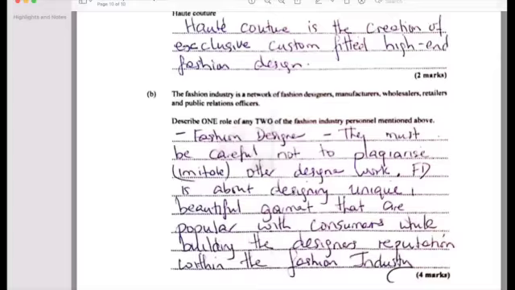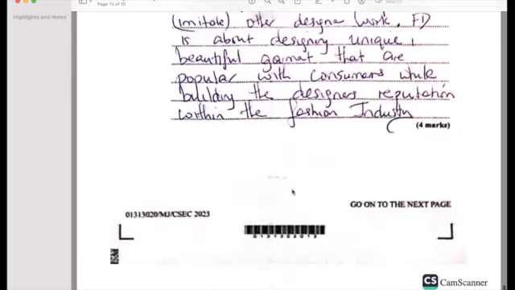So they ask us to choose one of the roles to describe, or any 2 of the fashion industry roles mentioned above. So I just did 1. So fashion designer, what is a fashion designer? You must be careful not to plagiarize, so as not to take away a person's design of their work. So a fashion designer is about designing your own unique, beautiful garments that are popular with the consumer, building a designer reputation within the fashion industry.